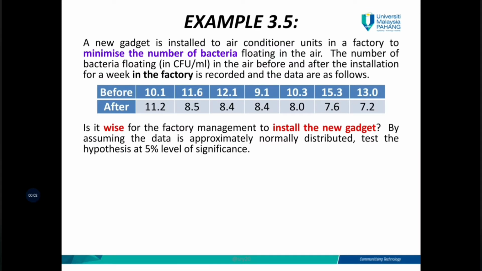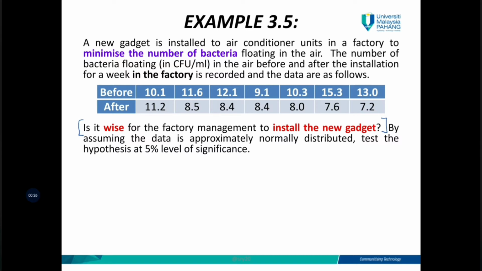To understand the concept of dependent samples better, we now look at example 3.5. When we look at the question given, is it wise for the factory management to install the new gadget? This is a very general statement.